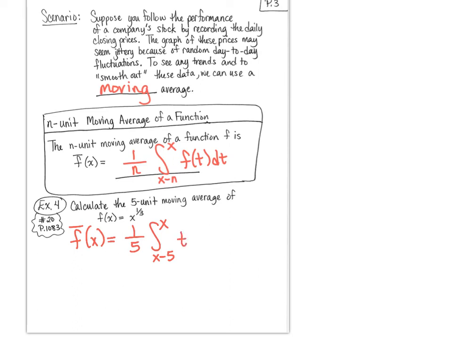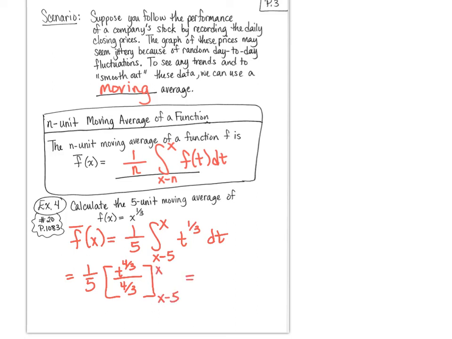So we write t to the 1/3 dt. Well, that's equal to 1/5 the antiderivative of t to the 1/3, which is t raised to the 4/3, because you have to add 1 to it, divided by 4/3, and then you evaluate from x minus 5 to x.